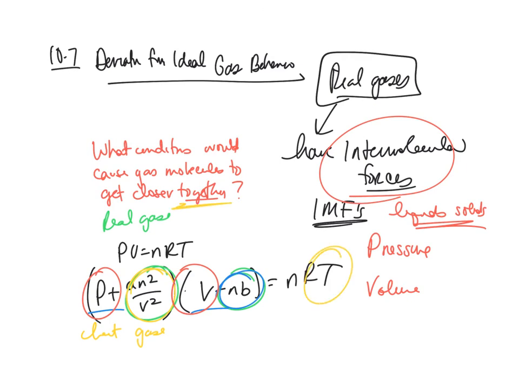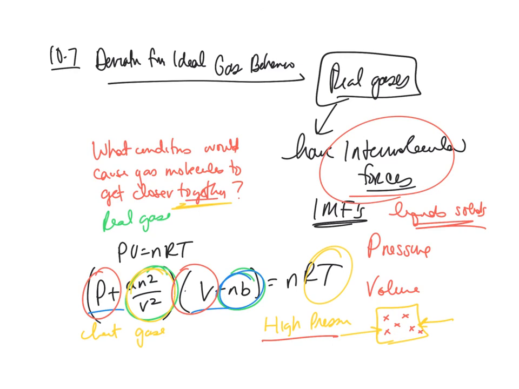When you're looking at these variables, well, pressure. If you increase pressure, so high pressure is going to move things closer together, because you're pushing in on something. And so these are compressible, right? So the gas molecules in the container, if you put a lot of pressure, they're going to get closer together. So high pressure.